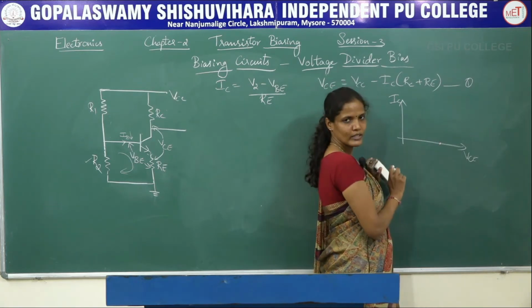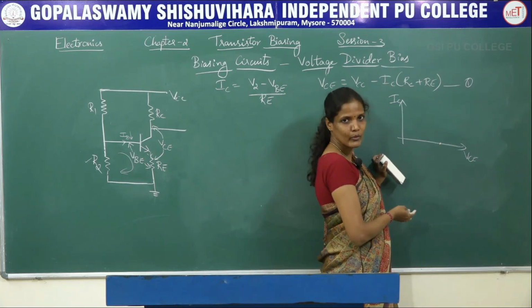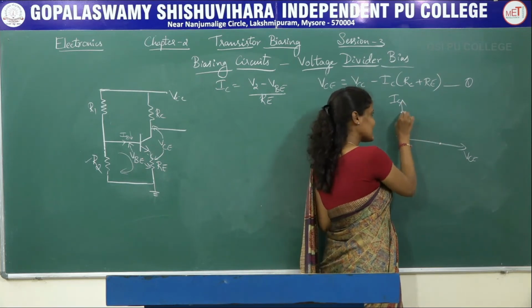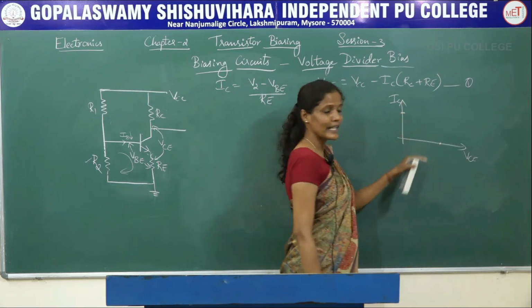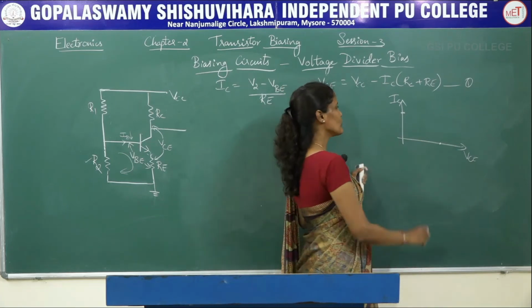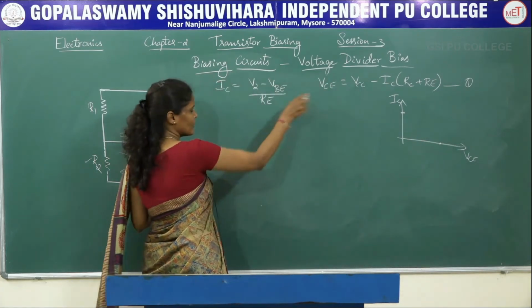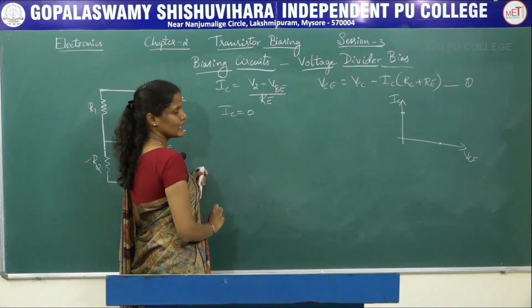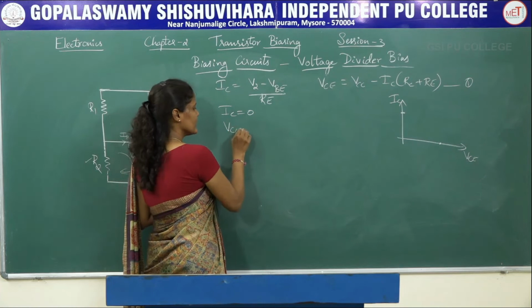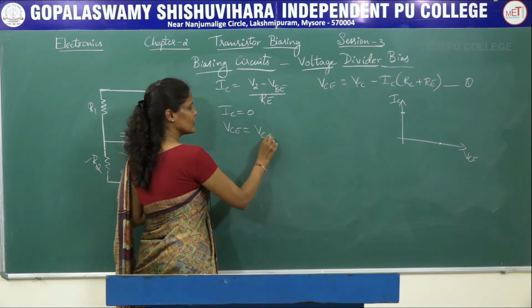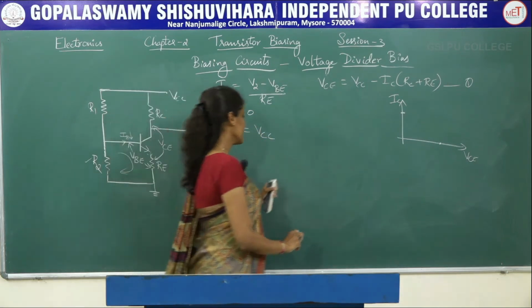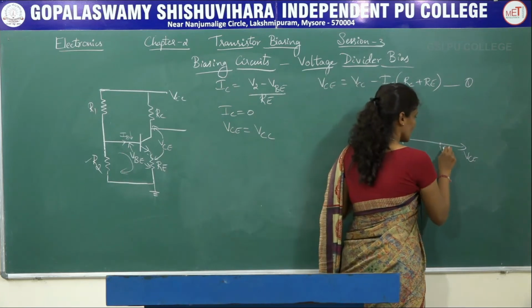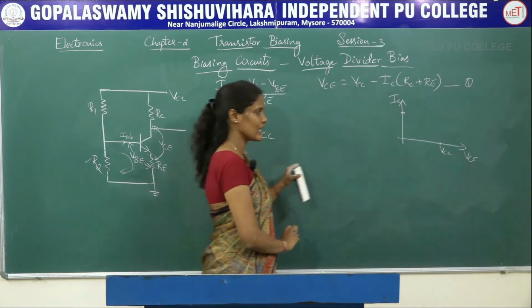If I want a point on the x-axis, the y-axis value will be equal to 0. If I want a point on the y-axis, then the x-axis value will be equal to 0. So now I have to substitute IC value as 0 in that particular expression. Then I get VCE value equal to just VCC itself. Here I got a point as VCC.